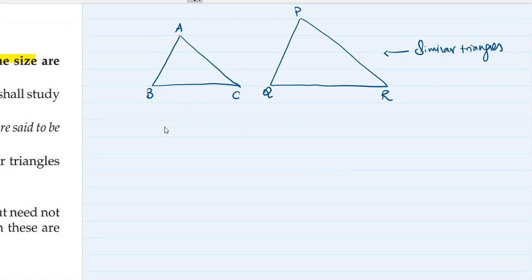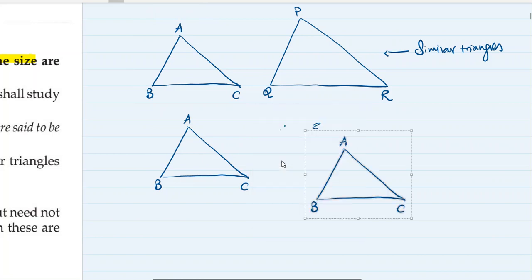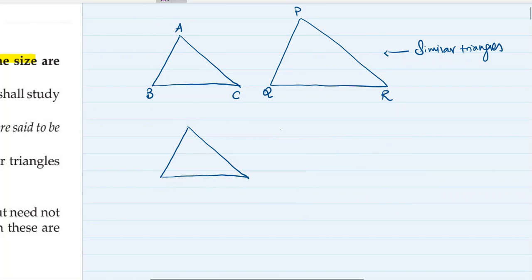Now if I draw another triangle which is exactly the same in size and shape, let me just copy paste it, and give it another name, X, Y, Z. So ABC and XYZ have the same shape and size.